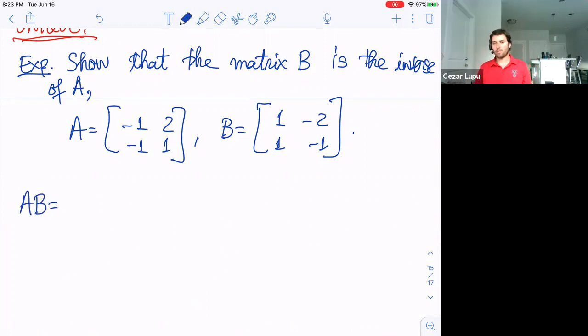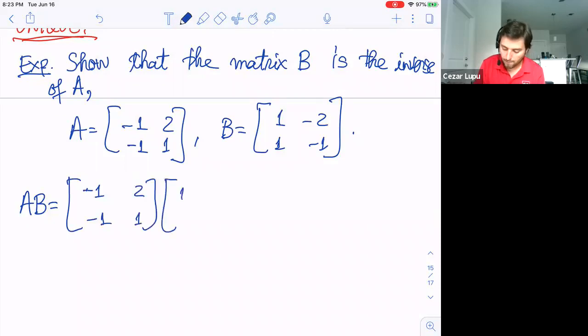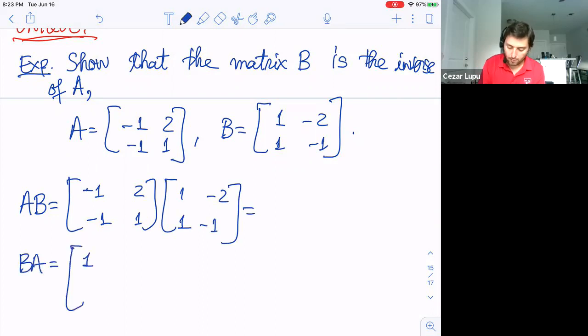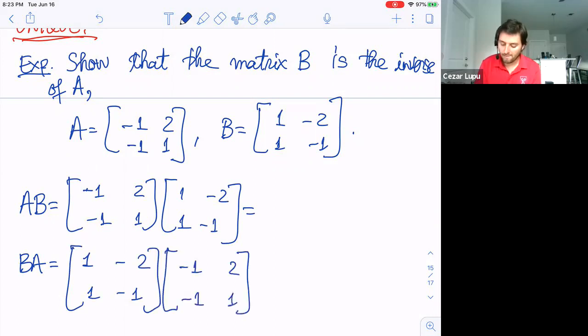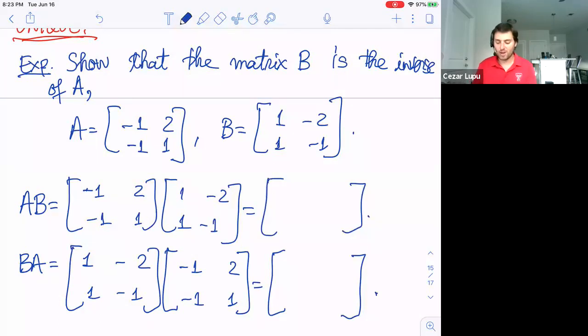Think about it. So this is -1, 2, -1, 1 times 1, -2, 1, -1, and also the other order. Each will be a 2 by 2 matrix, and I want you to tell me which one is which.